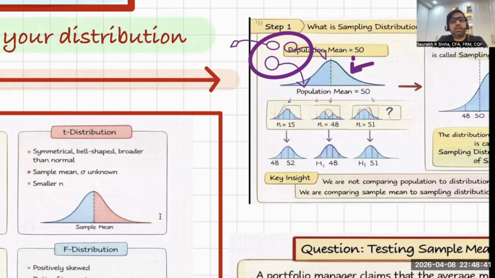If you keep on repeating this process, maybe sample 1 would be 52, sample 2 would be 48, sample 3 would be 51, sample 4 would be 49, sample 5 would be 52 again, sample 6 would be 48 again, and so on and so forth. Each sample will give a different sample mean, or it could be the same sample mean.